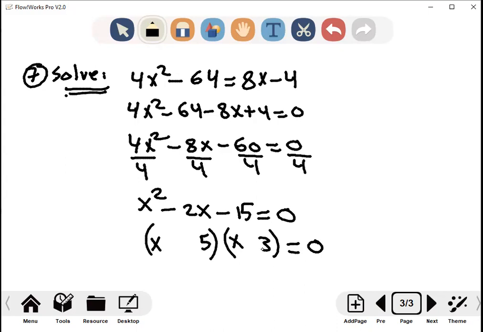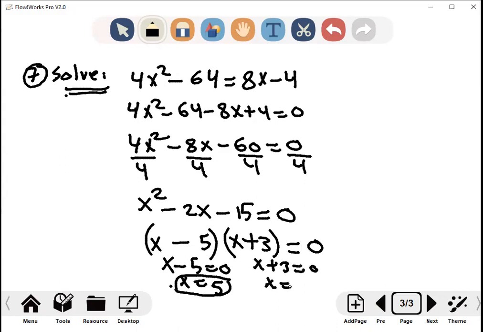We said the negative or any sign here goes to the bigger number, right? And the other sign will be opposite. If you factorize easily, you can find the roots. x minus 5 equals 0, so x equals 5. And x plus 3 equals 0, so x equals minus 3.